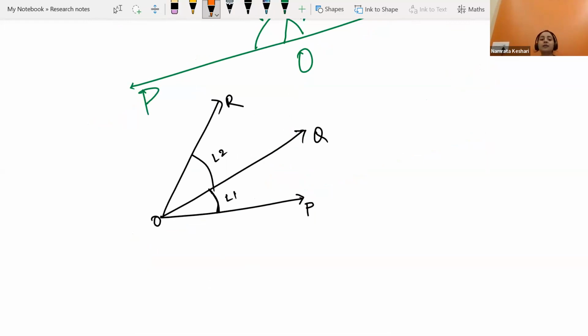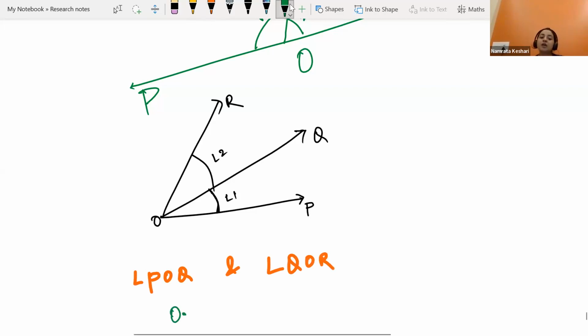If you say that angle POQ and angle QOR are adjacent angles, that means mathematically they must have one common arm and one common vertex.